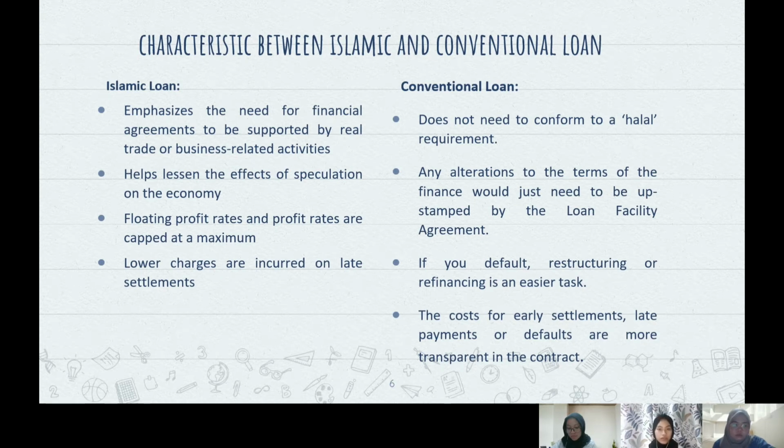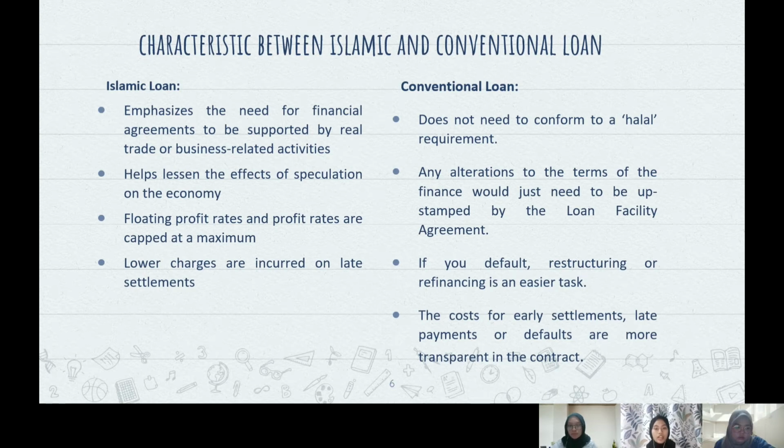For conventional loans, they do not need to conform to a halal requirement. Next, any alteration to the terms of the finance would just need to be stamped by the loan facility agreement.